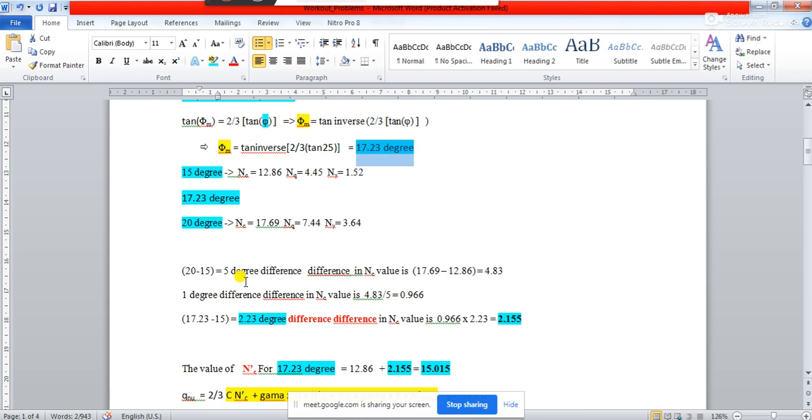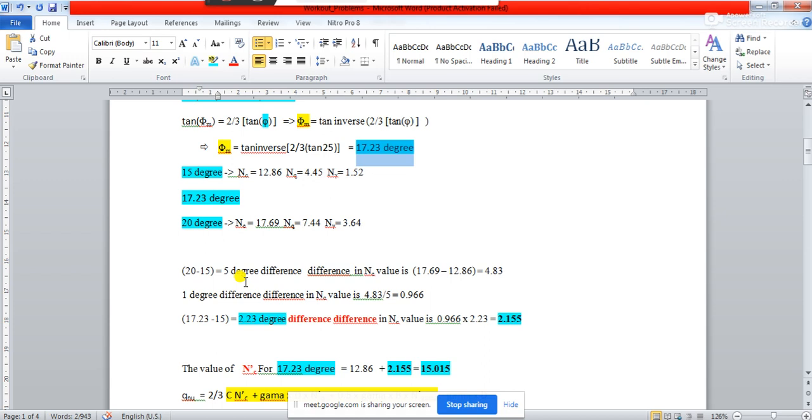If interpolation is required, you just do the interpolation and find out the bearing capacity factor values, and those changed values, when you are considering local shear failure, will be termed with a dash: NC dash, NQ dash, N gamma dash.